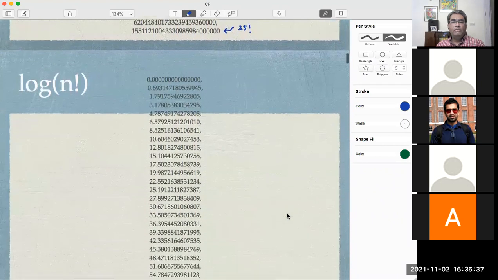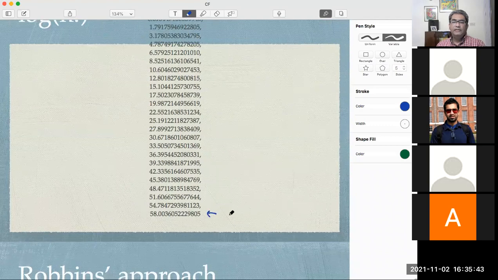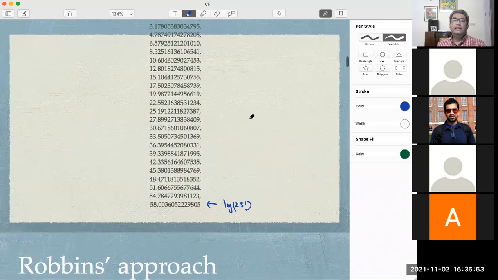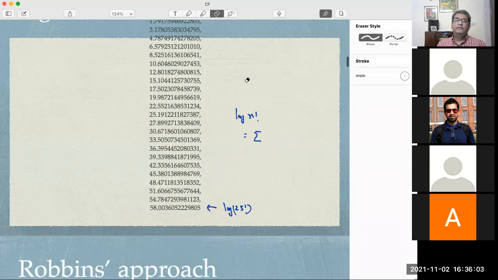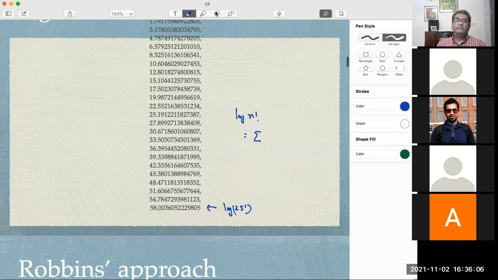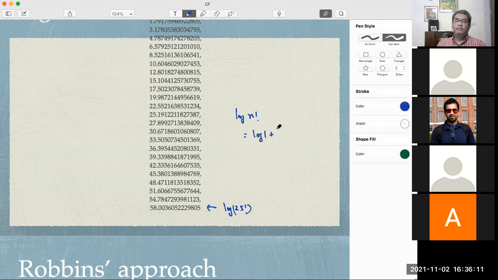So I've taken the log, and the log also is growing pretty fast. So this is again 25, log of 25 factorial. But anyway, taking logs is a good idea. If you take the log of n factorial, you will get log 1 plus log 2 plus so on up to log n.